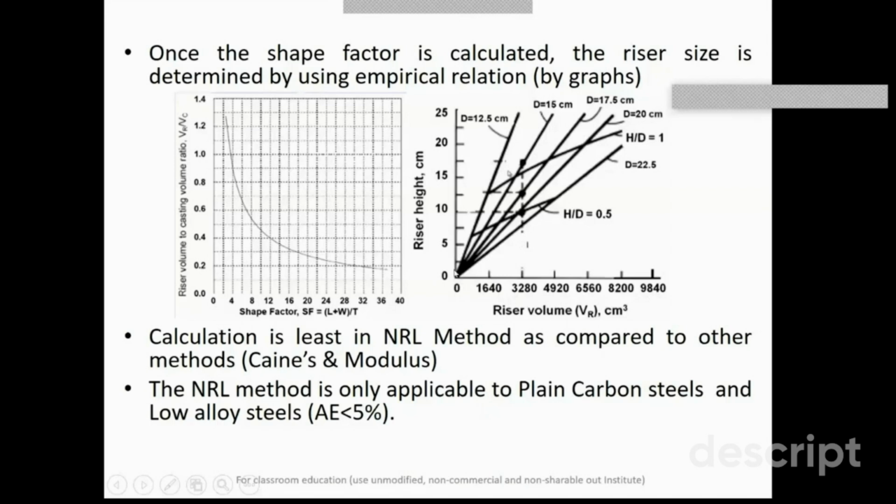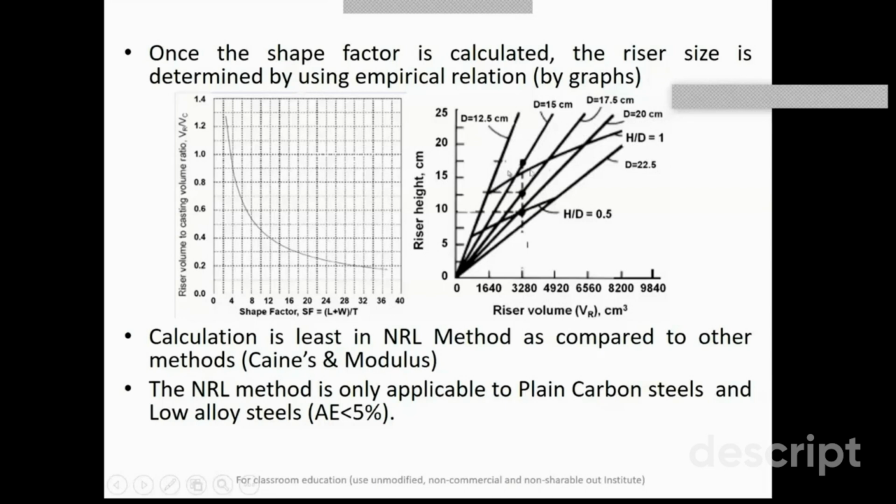And now they have also drawn different curves: this curve is for a riser diameter of 12.5 centimeter. This is the curve for the diameter 15 centimeter. This is for 17.5 centimeter. This is the diameter of 20 centimeter. And lastly, this is the diameter of 22.5 centimeter.